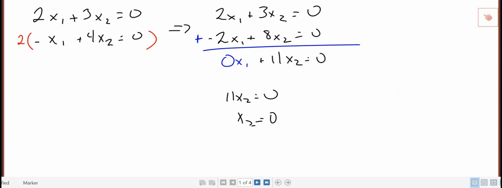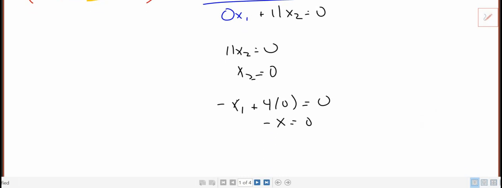So negative x1 plus 4 times 0 equals 0. And then the negative x1 will also equal 0. So my solution would be x1 is equal to 0 and x2 is equal to 0 in this case. That's how we would tackle this problem back in a college algebra type class.